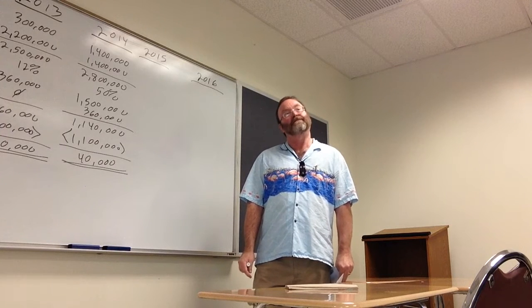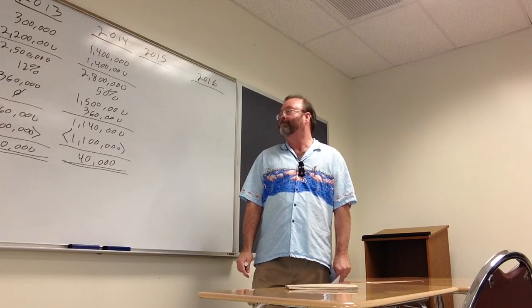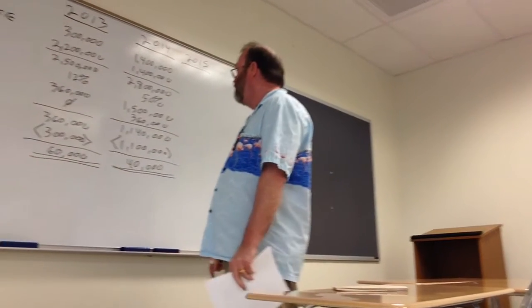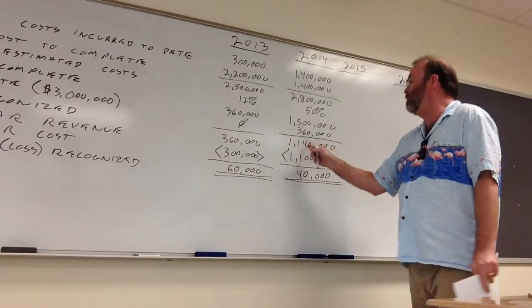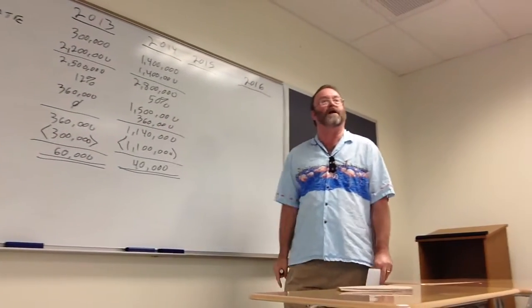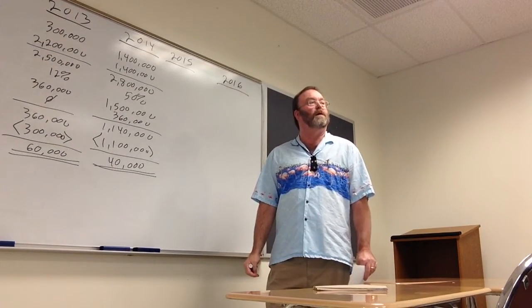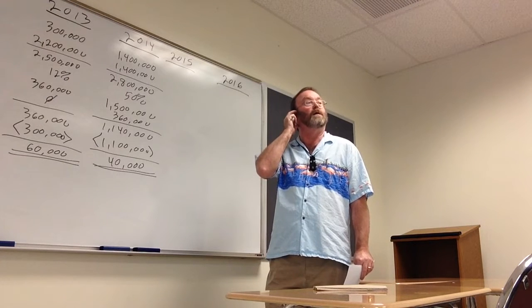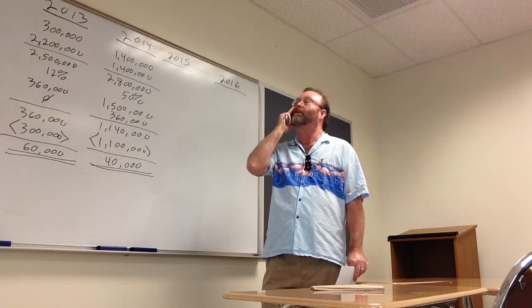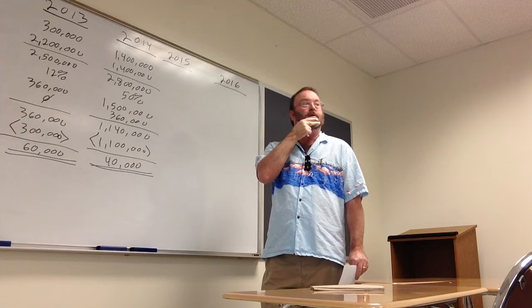Should that be $1,400,000 as the current year cost? No, $1,140,000 plus 360 is 1.5. So I just don't understand why the construction cost we use, the incurred to date, is 1.4 instead of 1.1.